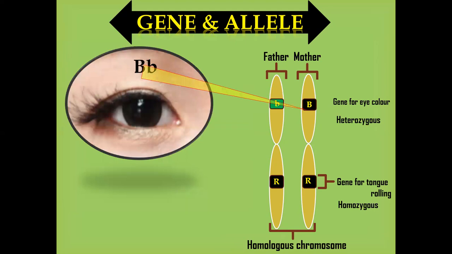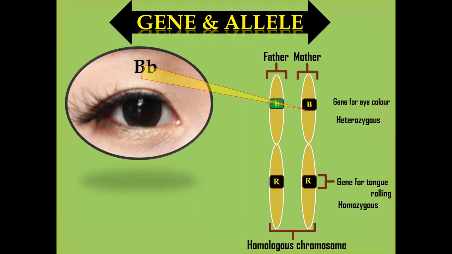For example, if the gene is for eye color and we consider black eye color dominant, this capital B will express itself in the presence of lowercase b. Now, this eye color contains green color, but the green color is hidden.